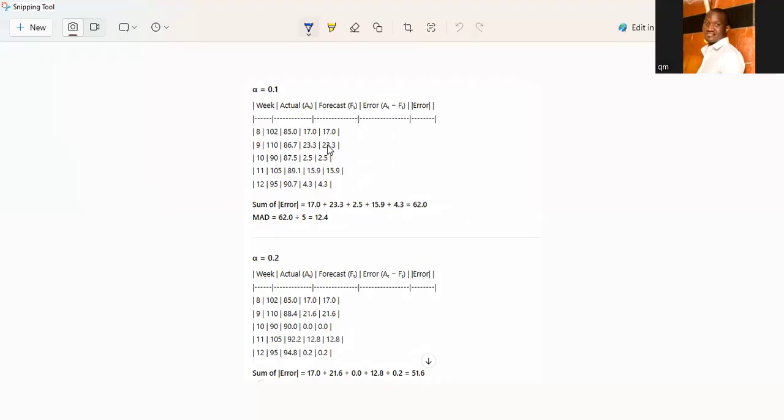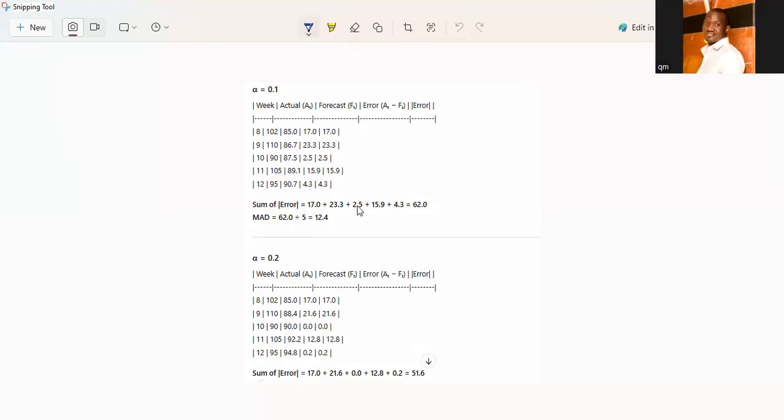In absolute terms, it's positive. Similarly in week 2, we start with 102 minus 85, 17. This and that, we get that. 95 minus 94, we get that.